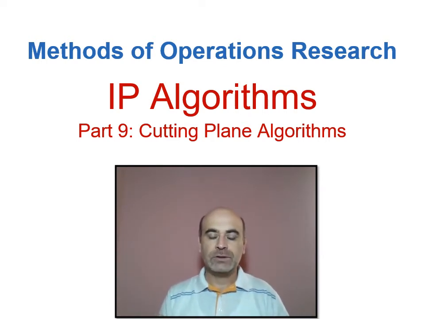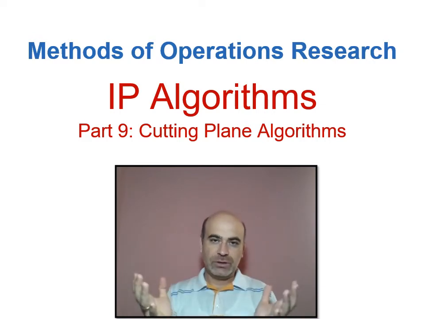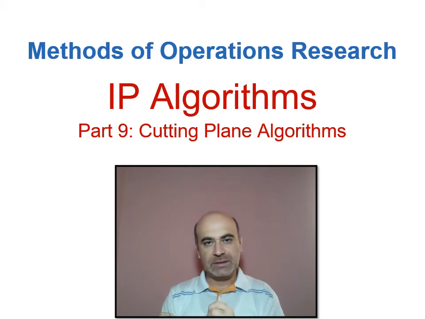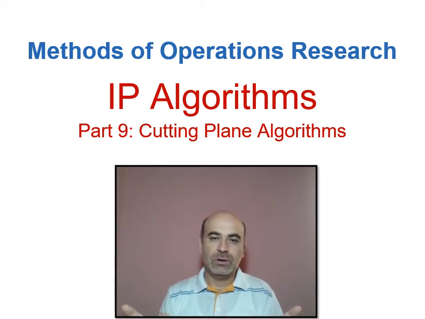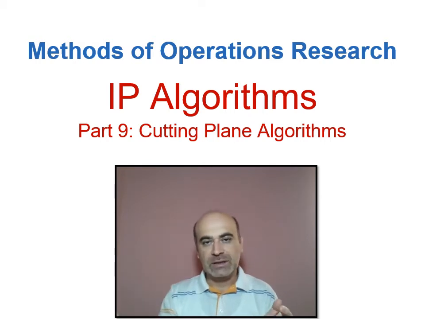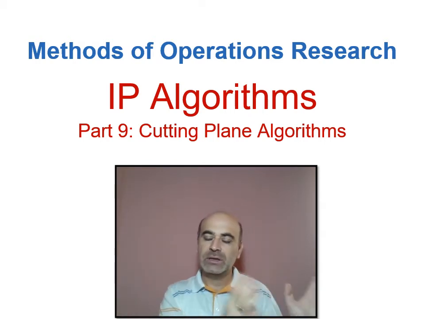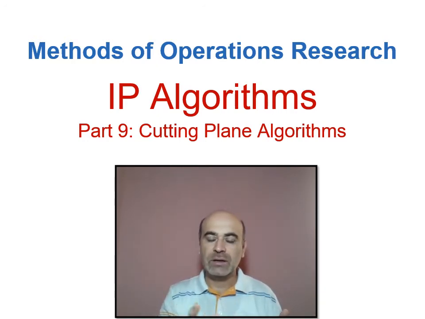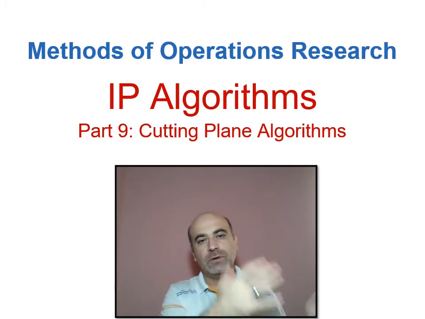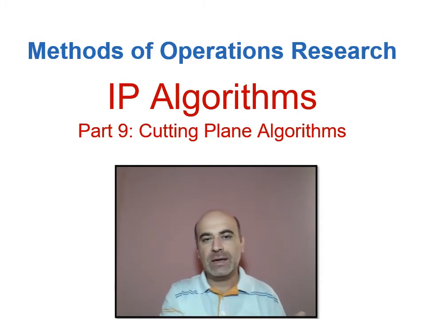One method, of course, is this: you have your original model, you relax the variables, and you solve it using the simplex algorithm. If the solution is not integer, generate the cut and include it in the model. So you now have a new model with an additional constraint, and you can start from the beginning and solve it again.